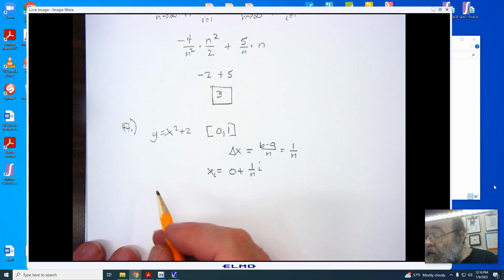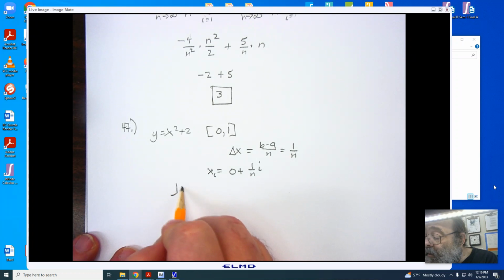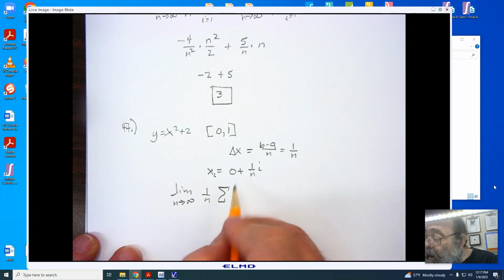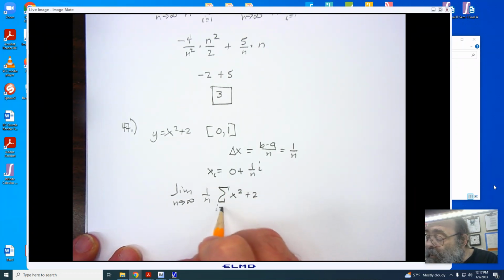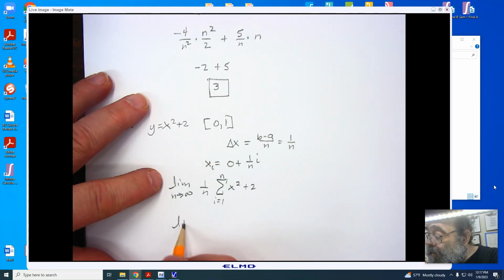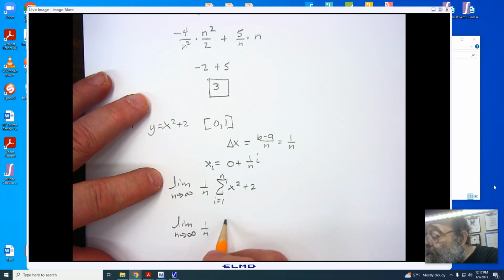Putting it all together, we're looking at the limit as n is approaching infinity for 1 over n summation of x squared plus 2. We're going to have to put it in and put it together. So the limit as n approaches infinity for 1 over n, I'm now putting in my x.